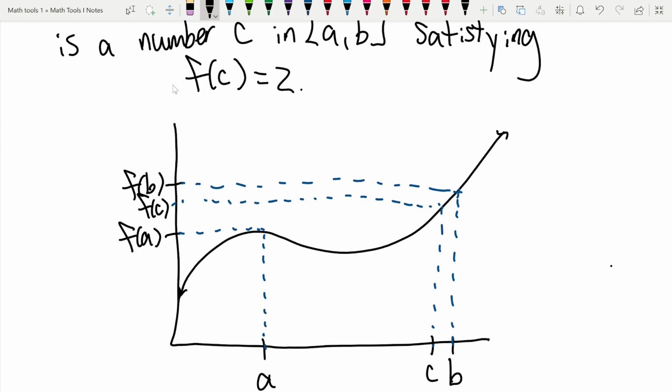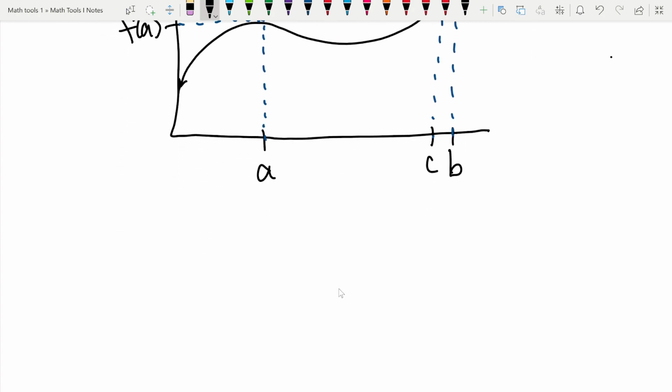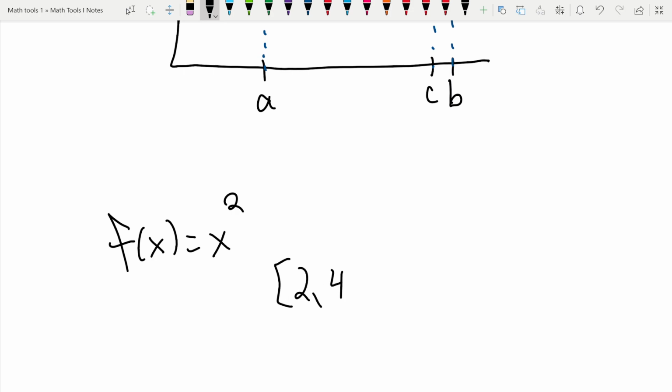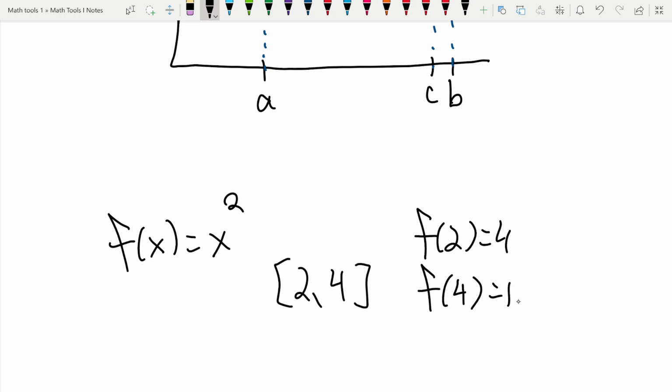So, for example, if we just take some random function f of x equals x squared, and we say, okay, let's look at the interval 2 to 4. Okay. f of 2 equals 4. f of 4 equals 16.